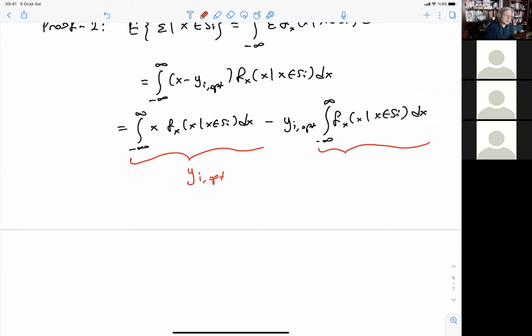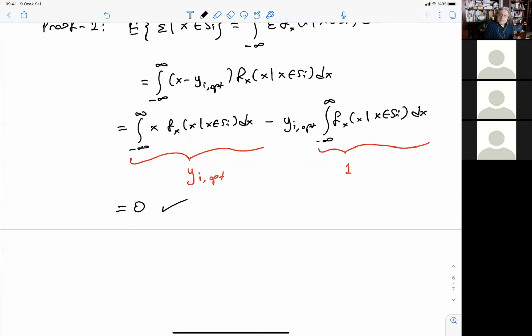And when you integrate from -infinity to infinity, it gives you 1. So what do we have? We have yi optimum minus yi optimum times 1, which is equal to 0. Okay, that was what we have been trying to prove.